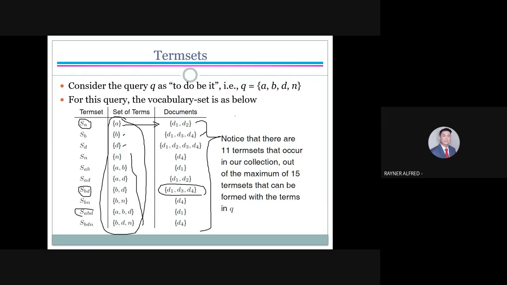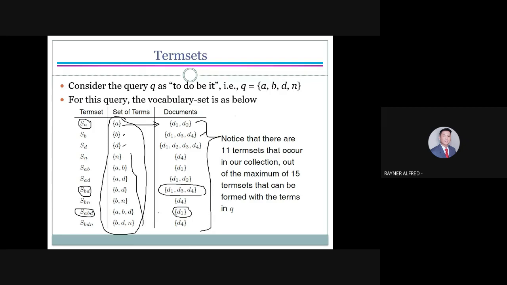For this one, term set ABD only exists in document 1. So when we are checking, all the symbols must exist in the document. Then we can say that term set exists in that document.